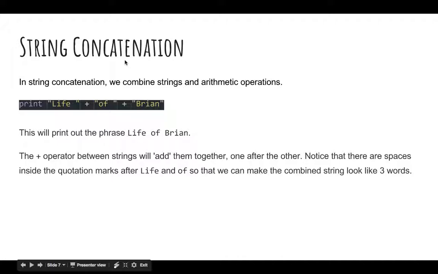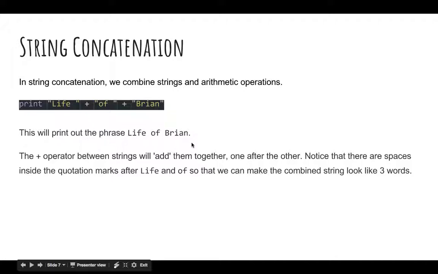String concatenation. Well, as we have discussed before, concatenation is nothing else than putting together. It's combining strings, like an arithmetic operation. So if we want to output Life of Brian, we could do something like this: Life plus of plus Brian.